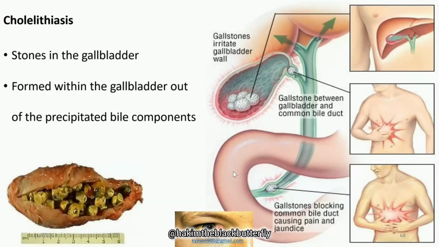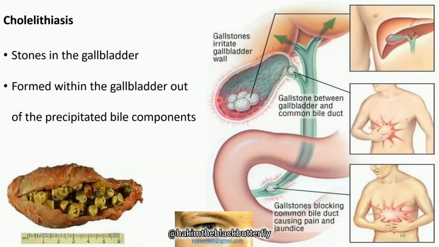Now, once cholecystectomy is done, cholecystectomy means surgical removal of the gallbladder. Once it is done, you can obviously see that there will be no gallbladder, there will be no cystic duct. All these components are removed. So it means bile will easily be flowing from the liver straight towards the common bile duct.